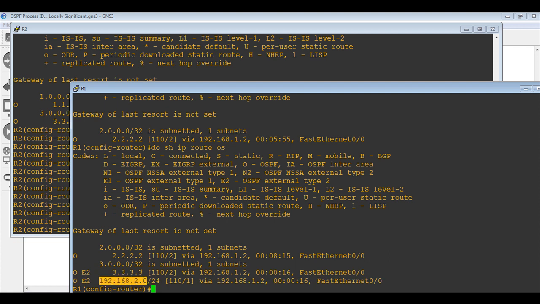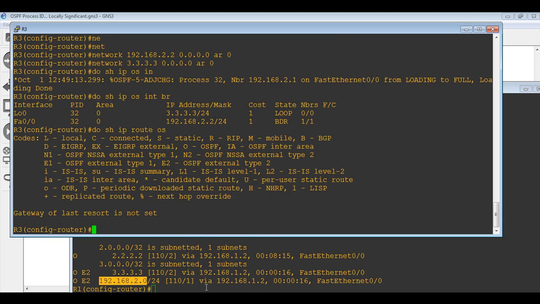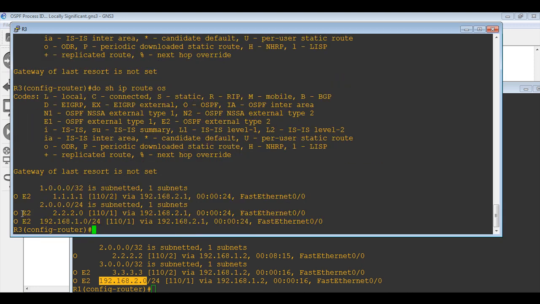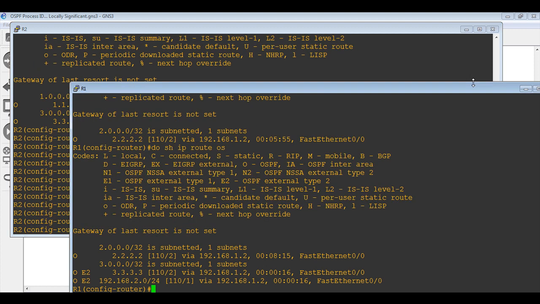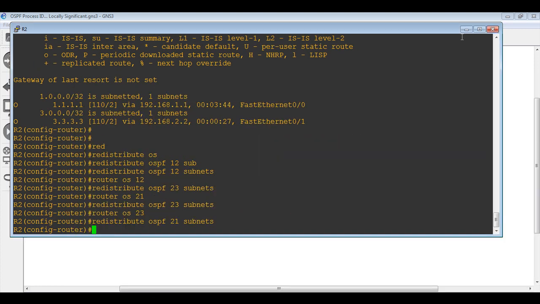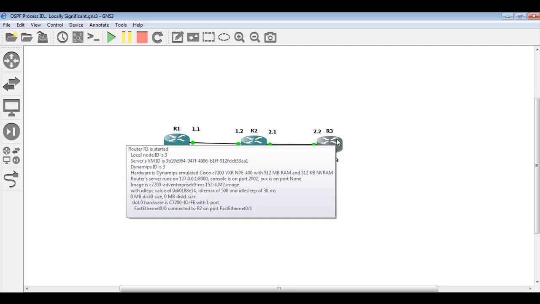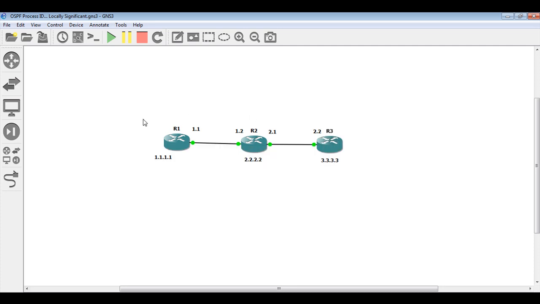And also on router 3 we should see routes coming from the other process, which is the loopback of router 1, the loopback of router 2, and also the network between router 2 and router 3. So now we can understand the meaning of OSPF process ID and the meaning of when they say that it is locally significant.